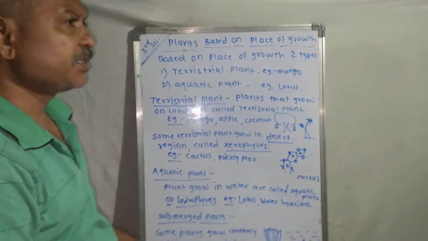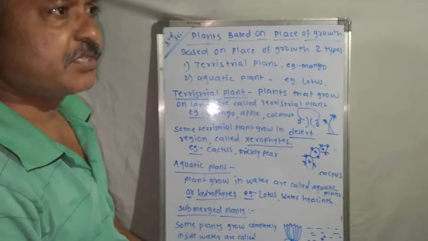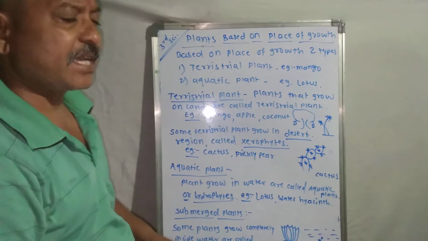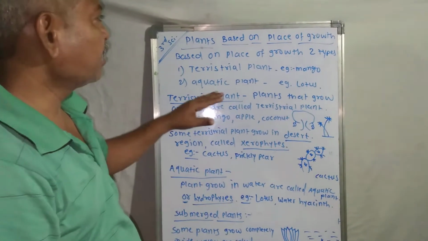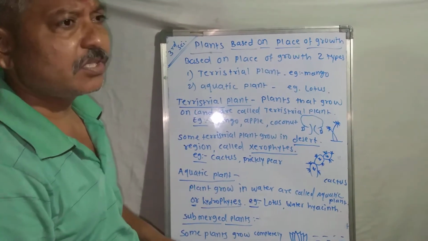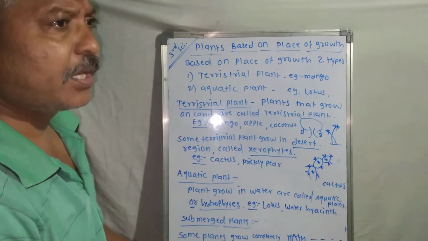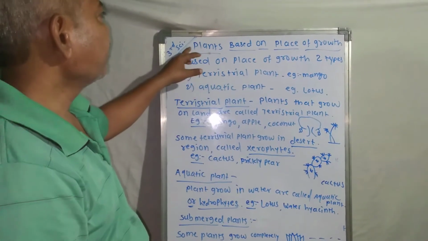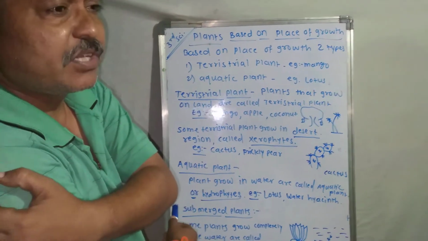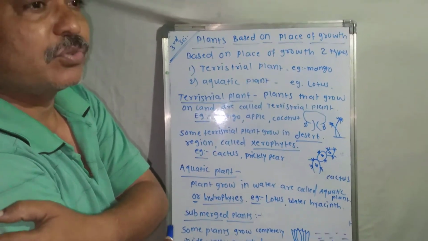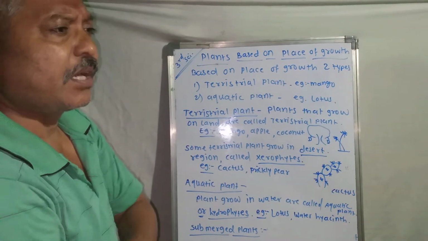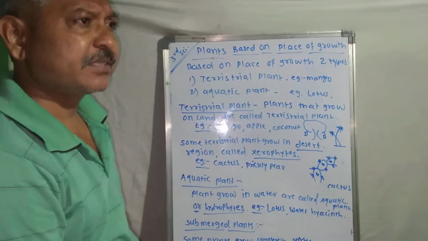Friends, after seeing the kinds of plants based on size and shape, and the kinds of plants based on lifespan, today we move towards the classification of plants based on the place of growth, that is, according to their habitats.